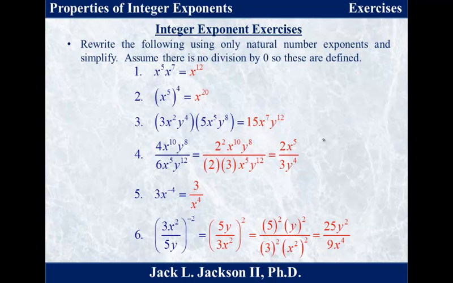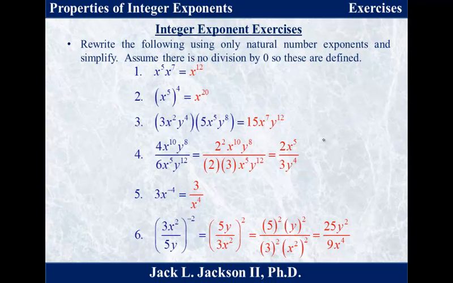Now in part 3, we have to use a little bit of associative and commutative properties to rewrite the order here. And so we're going to do 3 times 5 is 15. Then we're going to do the two x's times each other. X squared times x to the 5th is x to the 7th because we're going to add those exponents. And then similarly, we're going to multiply y to the 4th times y to the 8th, so the power is 4 plus 8, which is 12.